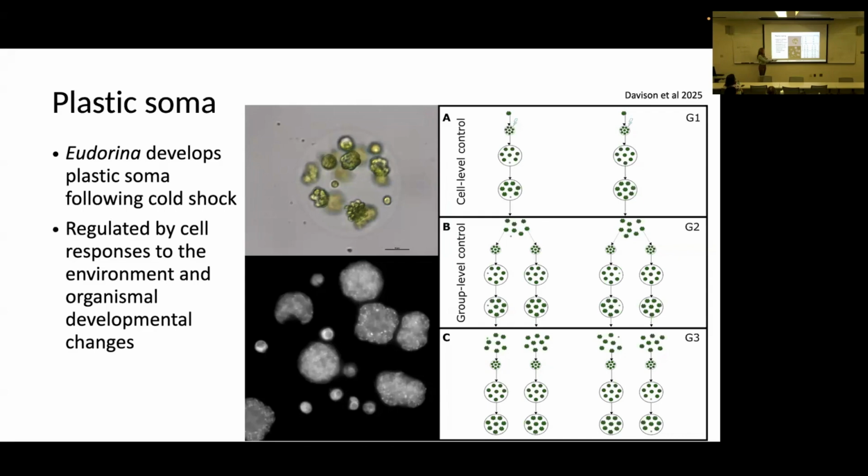The development of these colonies is changing in response to the environmental conditions that their parent experienced. But when you look at the grand offspring of the cold shock colonies, they're indistinguishable from controls. So this is an example of developmental plasticity. It's being regulated by cell responses to the environment and organismal developmental changes.